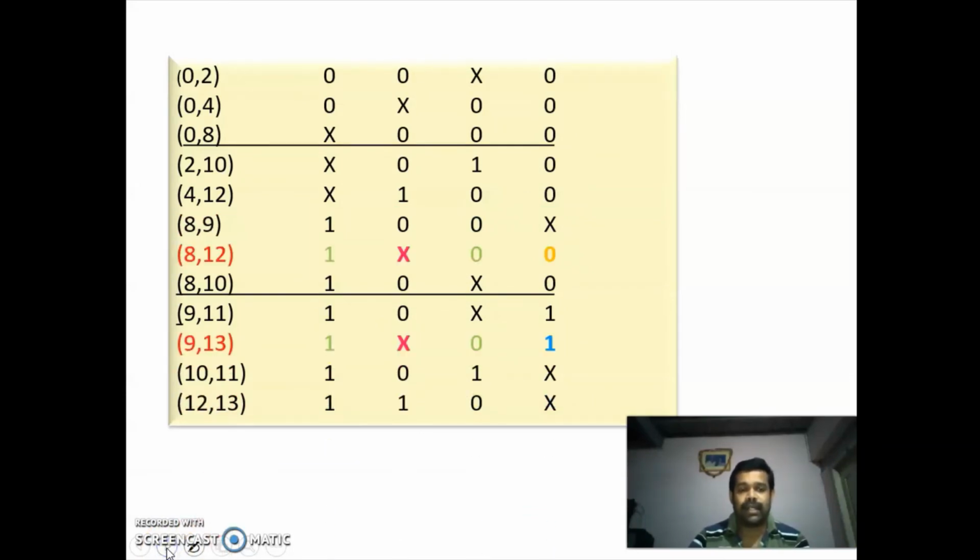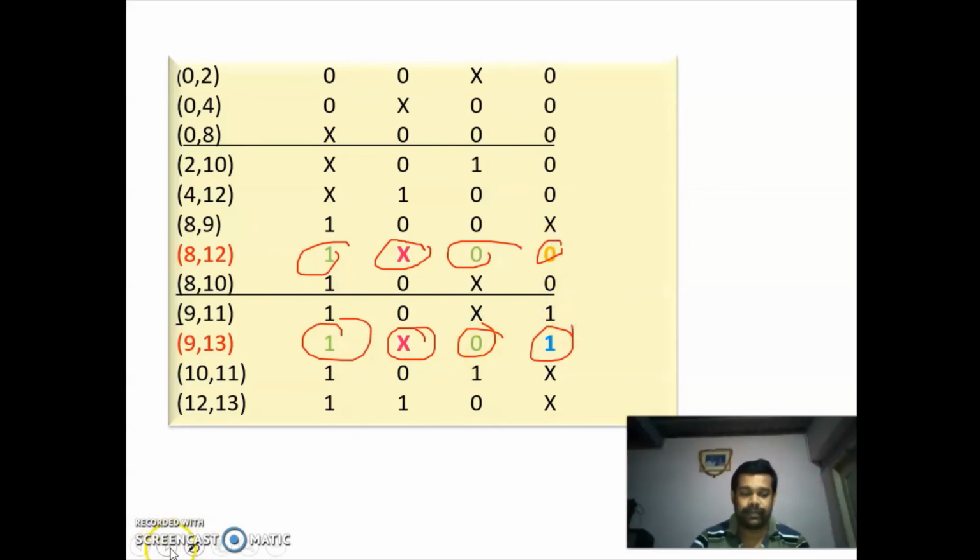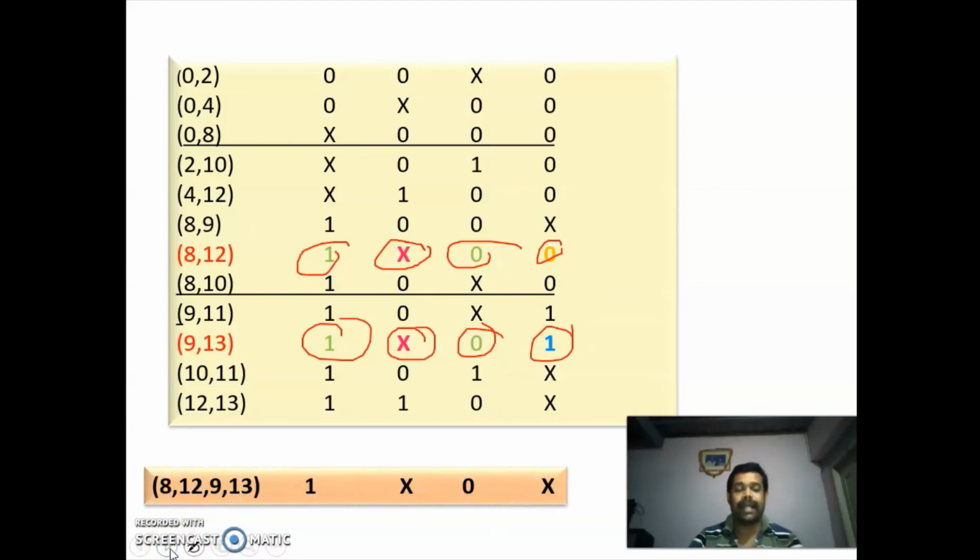then you are comparing 8, 12 with, so here also x in the second position, here also you are having x in the second position, and they are differing by only one bit. Okay, this only one bit is changing. 8, 12, 9, 13.